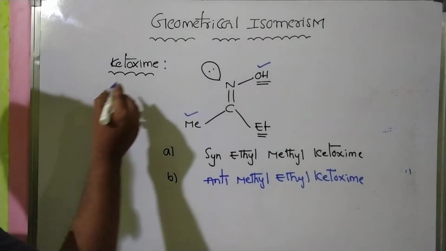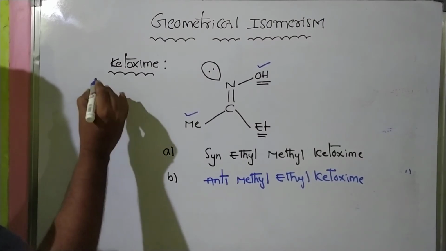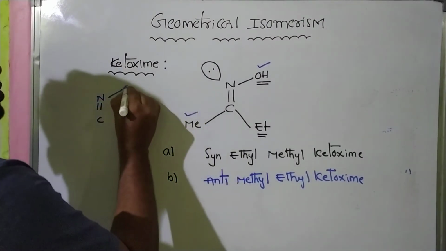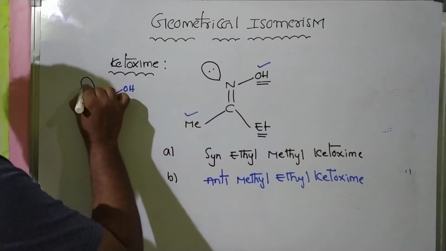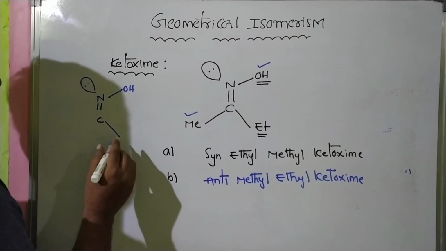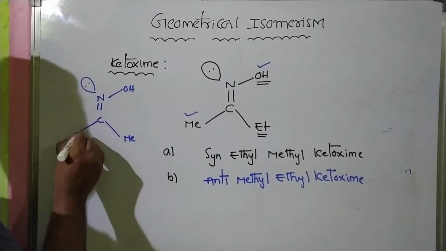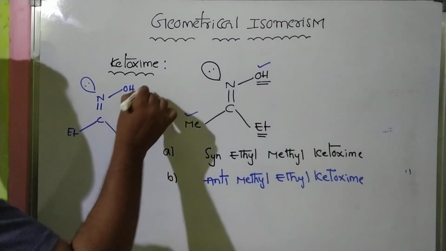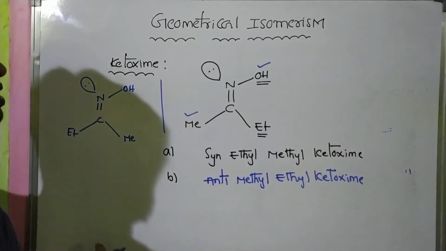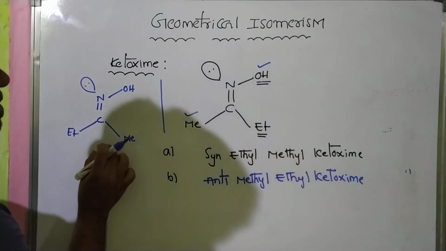And one more example. This is C double bond N. This is OH. On this side methyl, and on this side ethyl. Now please give the notations of this ketoxime.